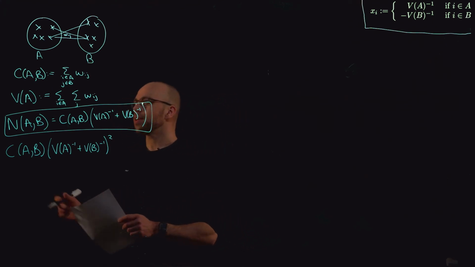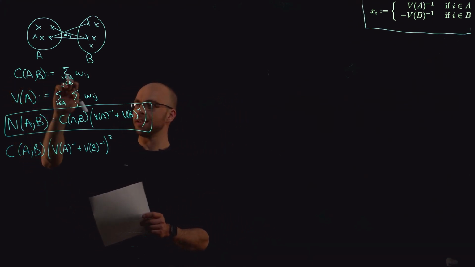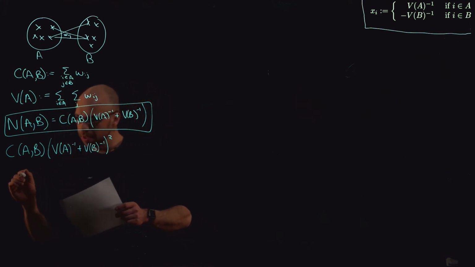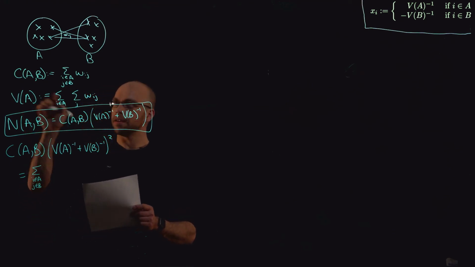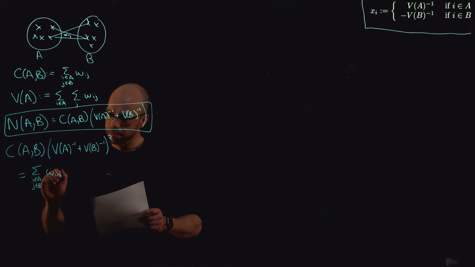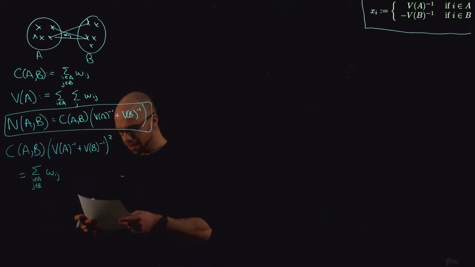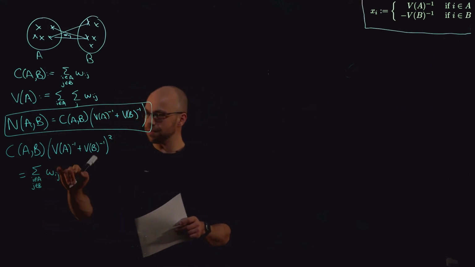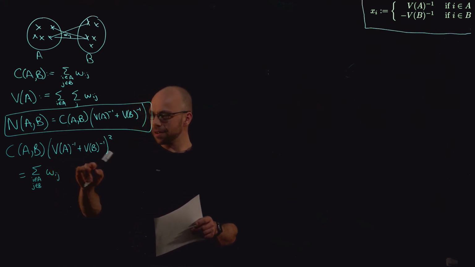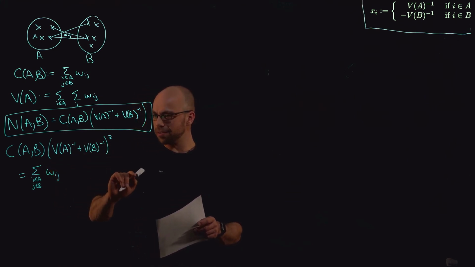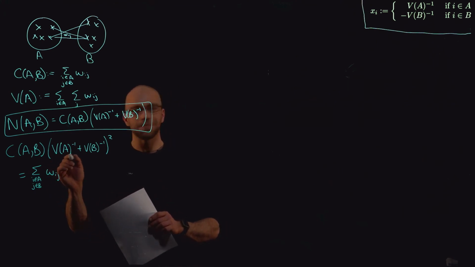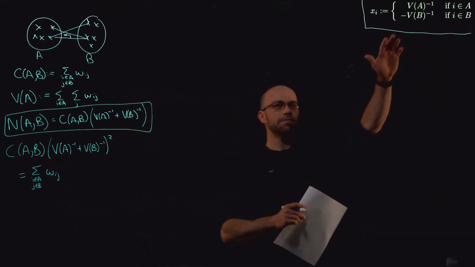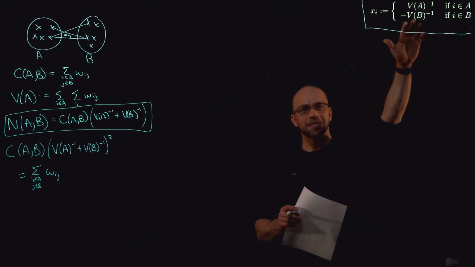So one thing I can do is take the definition of C and just plug it in. So this is the sum of i in A and j in B of Wij times this coefficient here, VA inverse times VB inverse, like that. Okay, but here's something kind of funny. Take a look at the way that I basically designed my vector x.